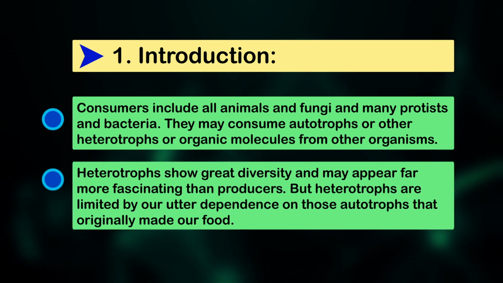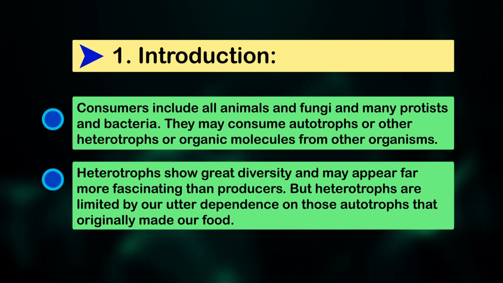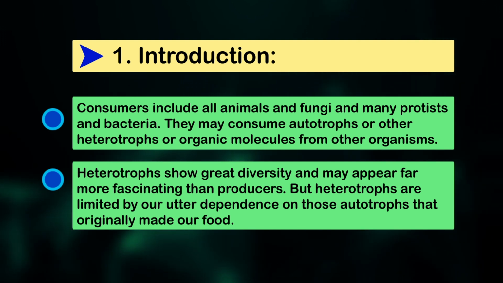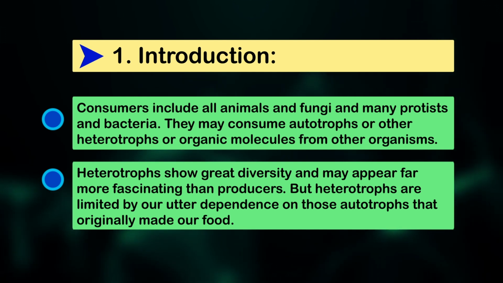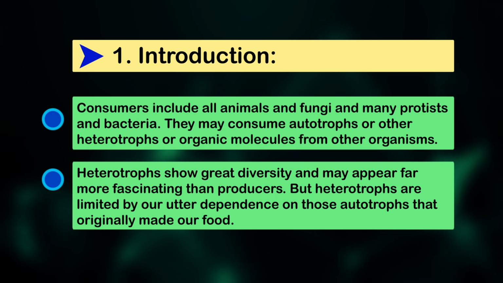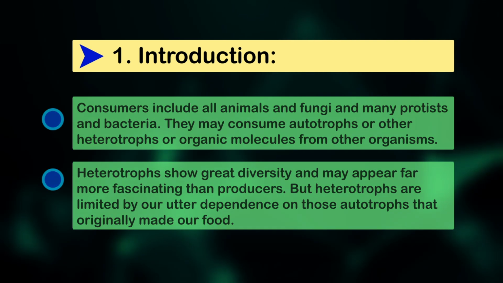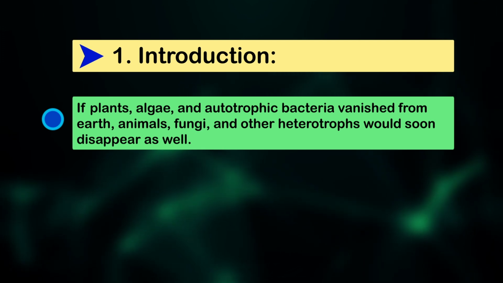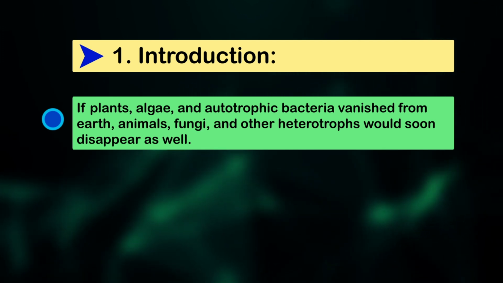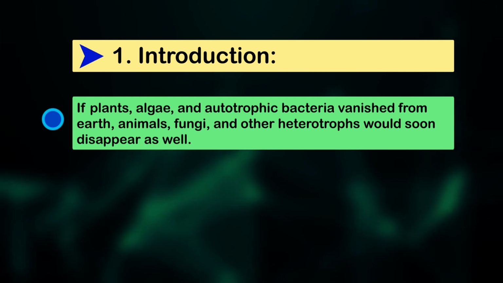Heterotrophs show great diversity and may appear far more fascinating than producers. But heterotrophs are limited by our utter dependence on those autotrophs that originally made our food. If plants, algae and autotrophic bacteria vanished from earth, animals, fungi and other heterotrophs would soon disappear as well.